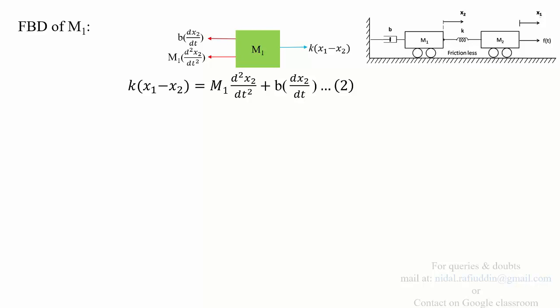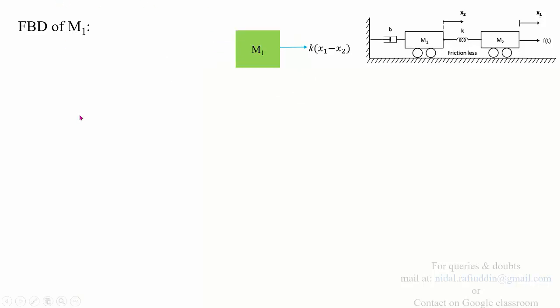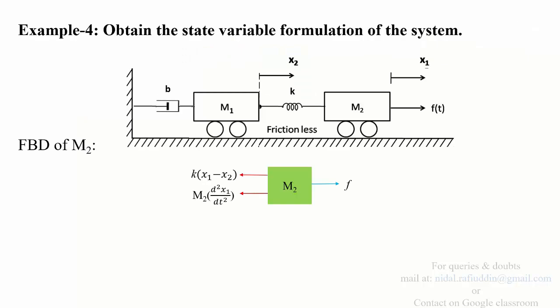As I told you, in order to acquire the state space representation, one important thing is that if you look at this particular figure, you see that there are only 3 energy storing elements, namely mass M1, which stores energy in the form of kinetic energy.